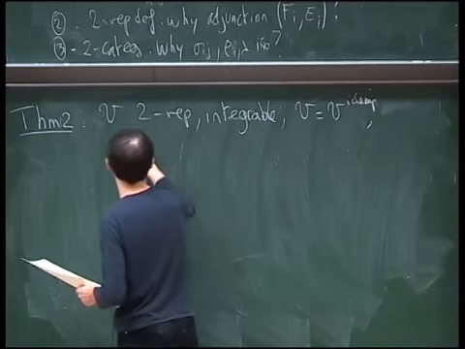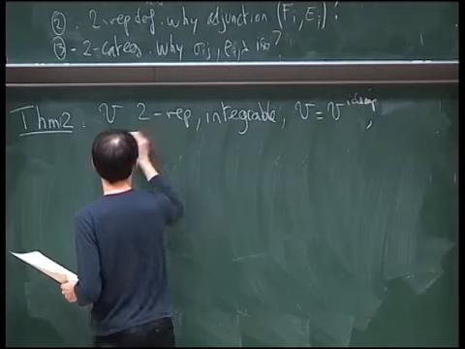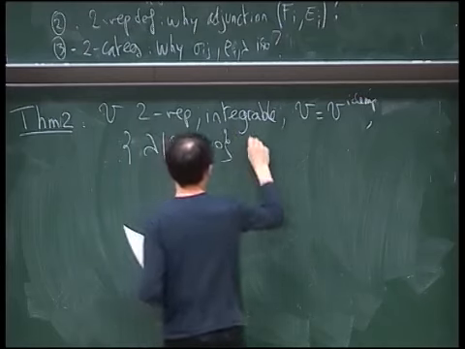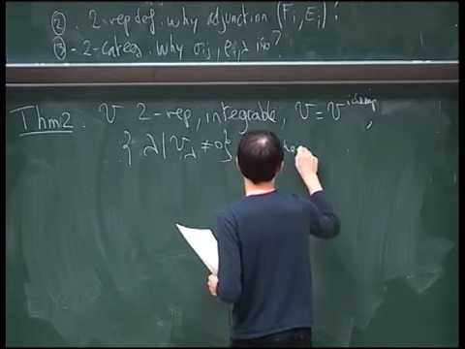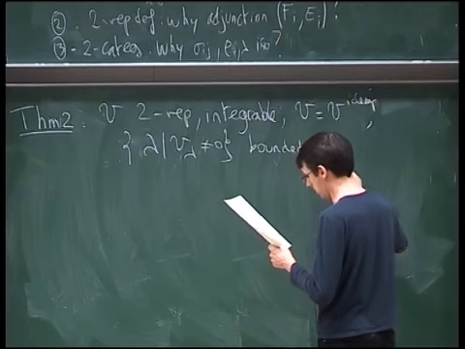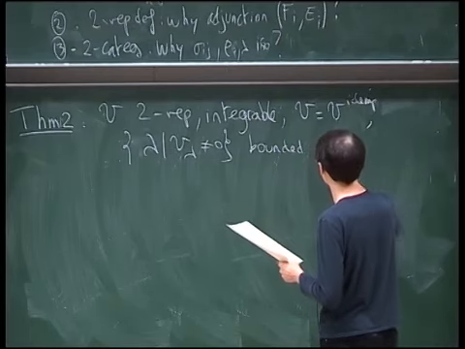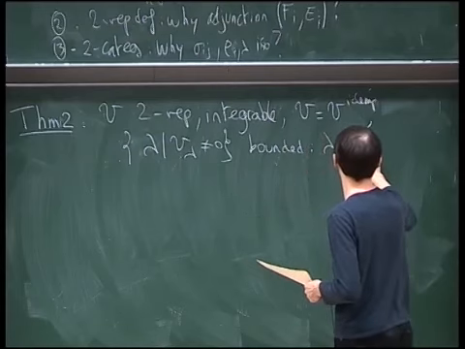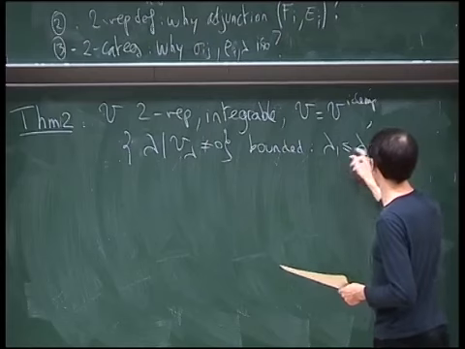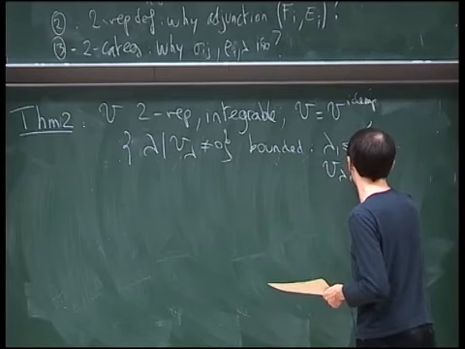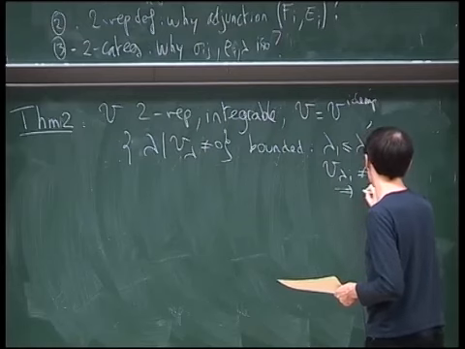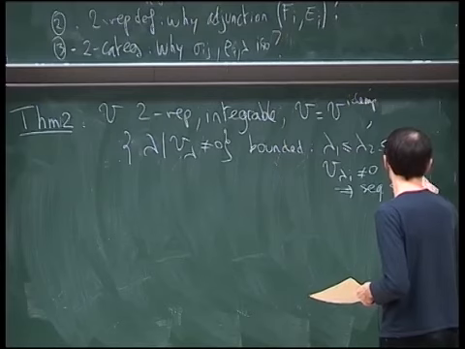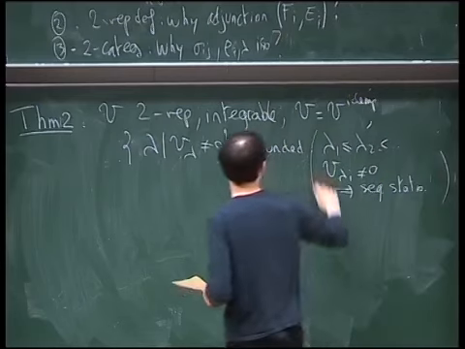I'll assume that the set of lambdas such that V lambda is non-zero is bounded above. Which means that if I take a sequence of weights such that V lambda is non-zero, then the sequence is stationary.